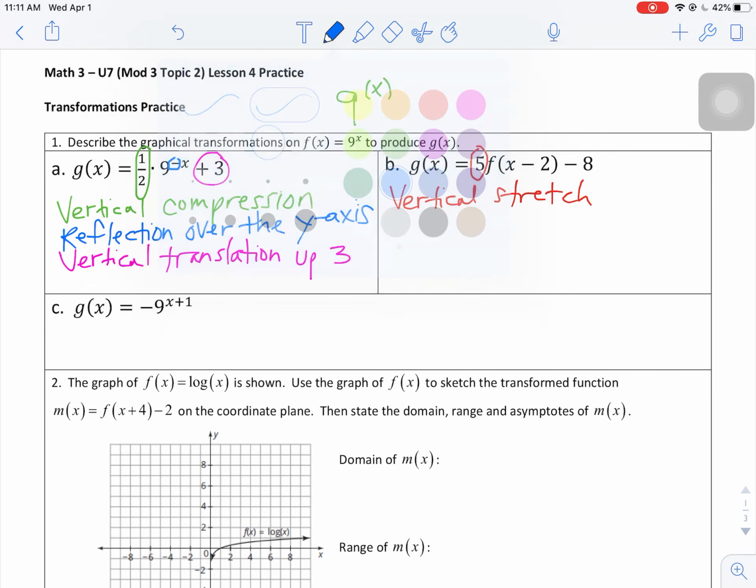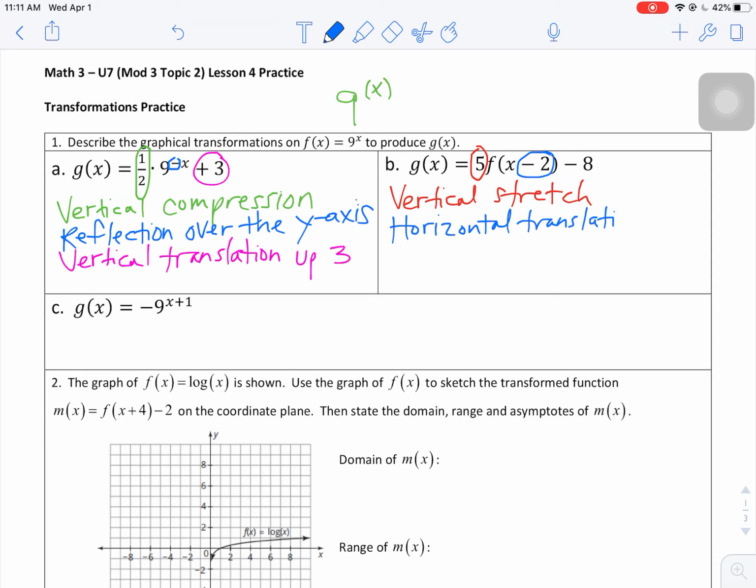The -2 is inside the parentheses, so that's a horizontal translation. Those are always the opposite of what we think they should be. So horizontal translation right 2. And then that last one, the -8, is outside the parentheses, so that's a vertical translation down 8.